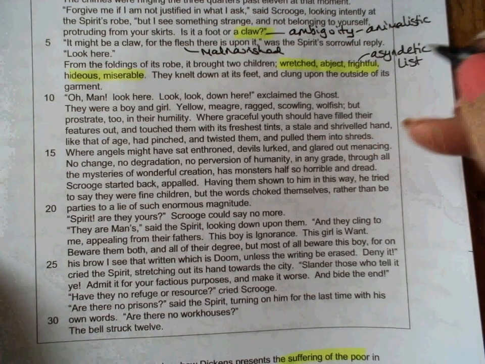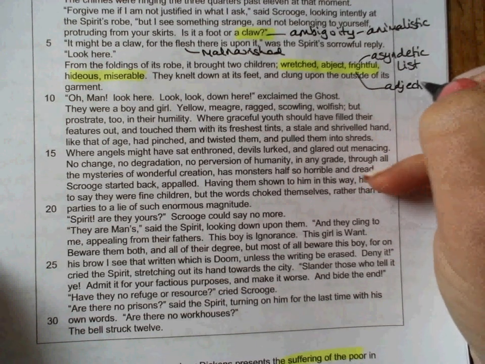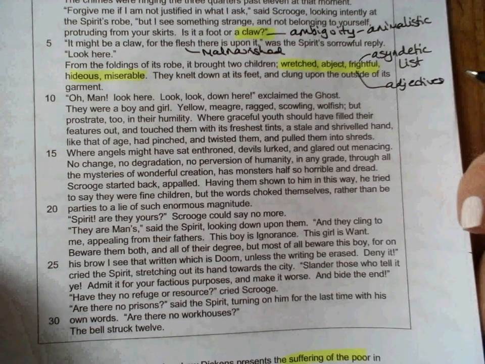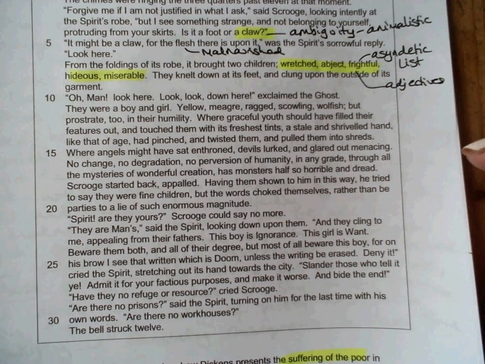So you could do quite a lot here thinking about the use of adjectives, the fact of them being wretched, frightful, hideous and miserable. And I think Dickens uses combinations of words here to create sympathy but also horror. These are designed to be shocking and appalling, but not just the vulnerability but also the horror that these children induce.